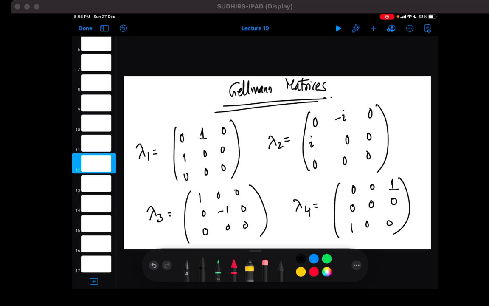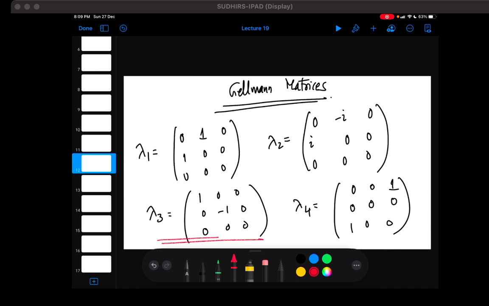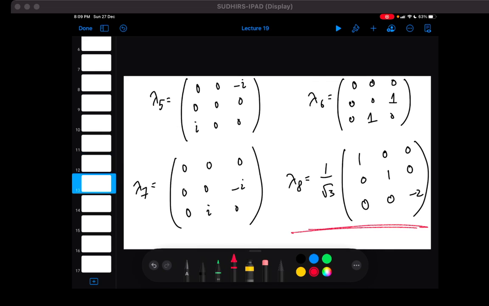The two diagonal generators are lambda 3, which is the same as sigma 3 but with a 0 row, and then lambda 8. So both of them will be needed to construct a representation.